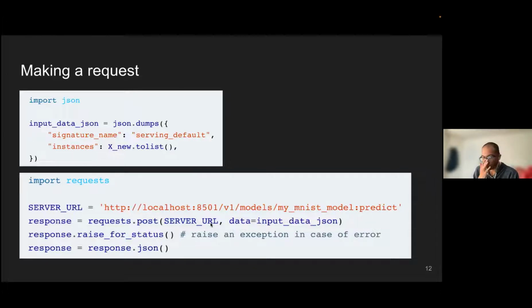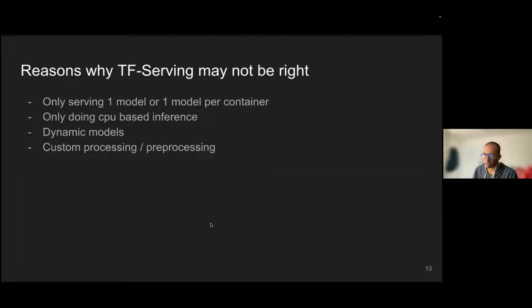But before that, I just want to give some reasons why TensorFlow Serving may not be the right choice. In your company, if you only have one model, or you have a practice of serving one model per container, the whole TensorFlow Serving approach of looking at a model registry or model store may not be the right pattern for you.